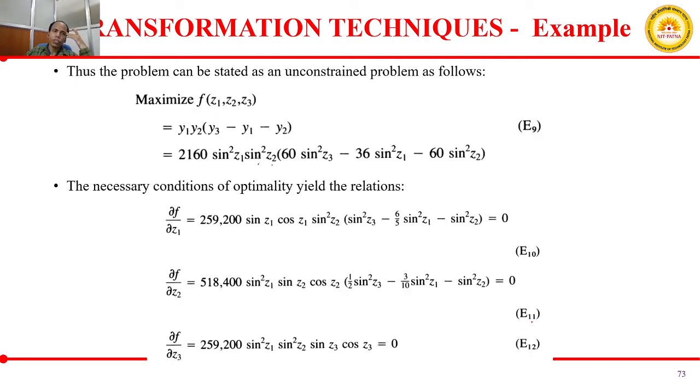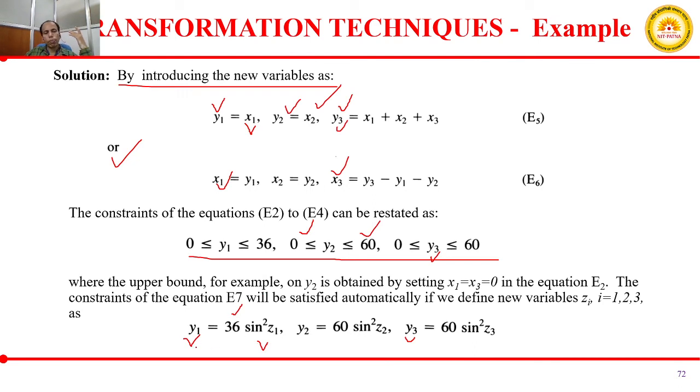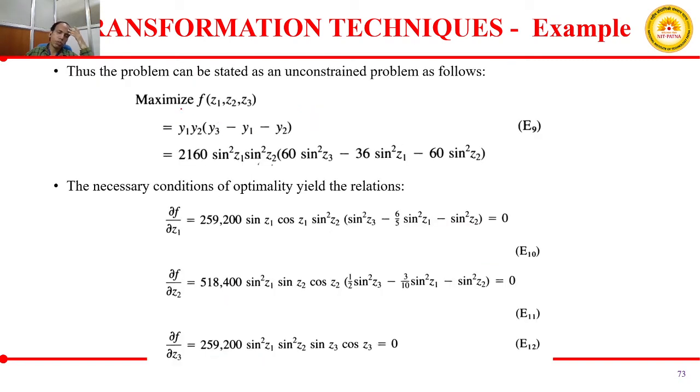Once we have got these values, we will put them in the objective function. So let us put the values of y1, y2 and y3 in our objective function. Now our objective function will become a function of the variables z1, z2 and z3.